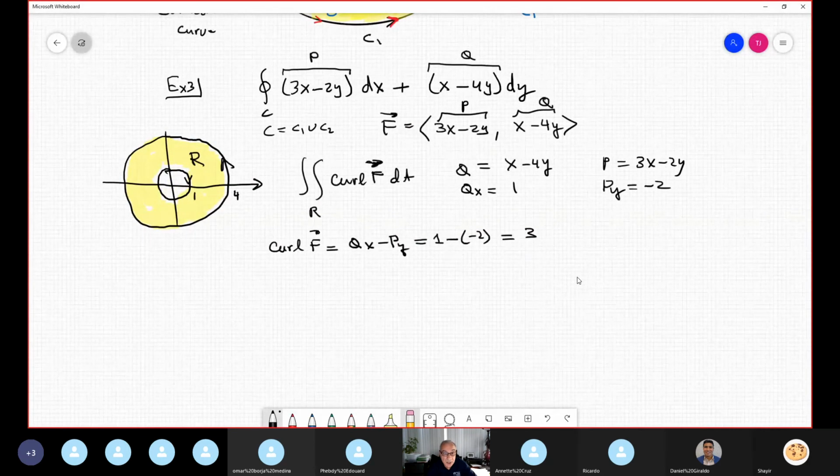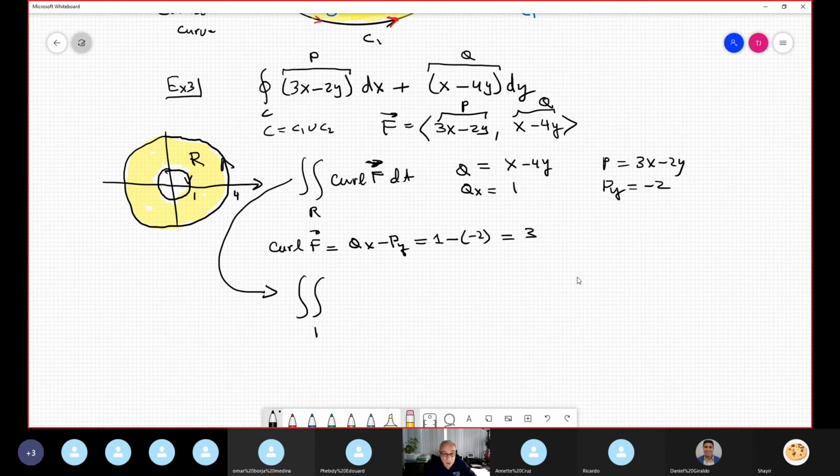So basically, I copy this again, but I copy R and copy 3 dA. Wow. So I make a decision: polar, no? Polar coordinates. So I change this region R to polar. The integrand is 3.